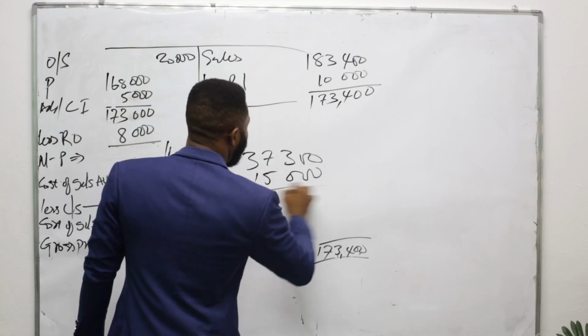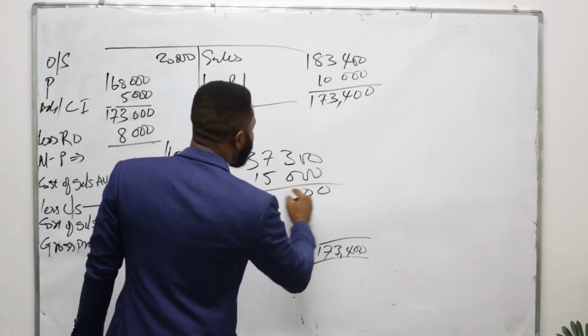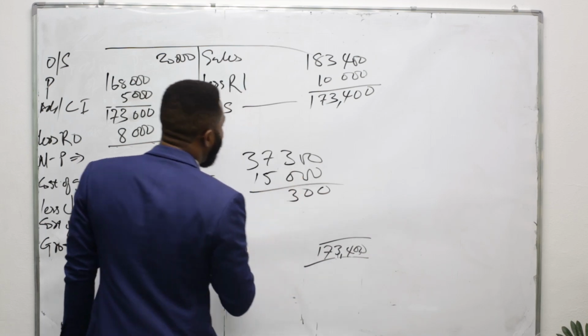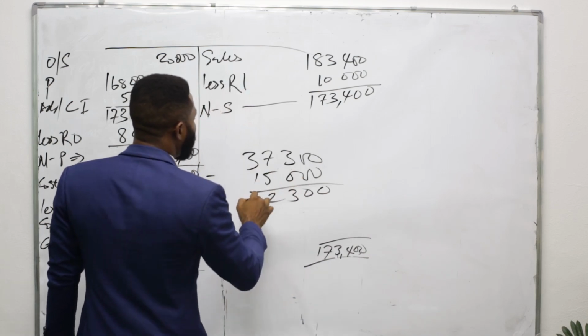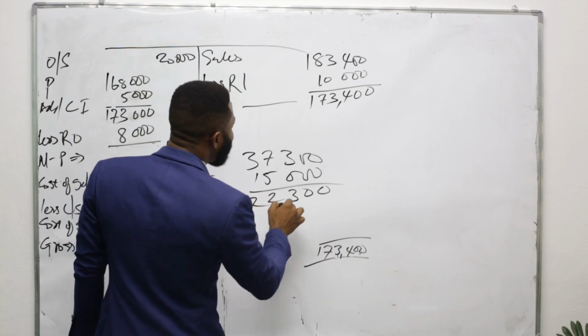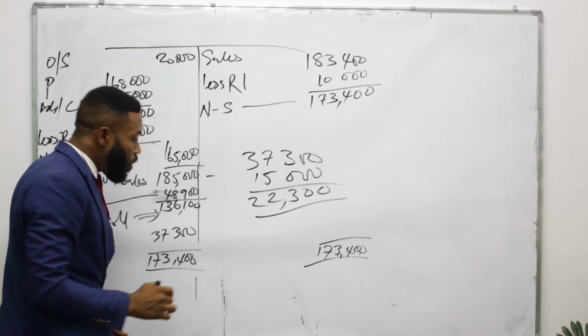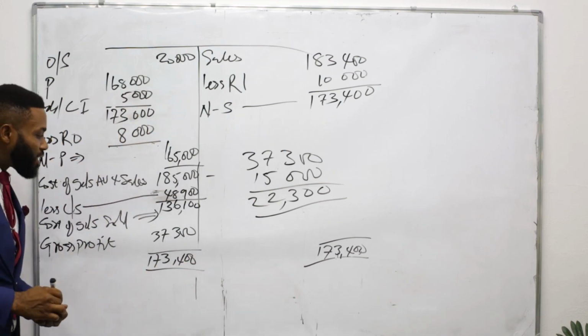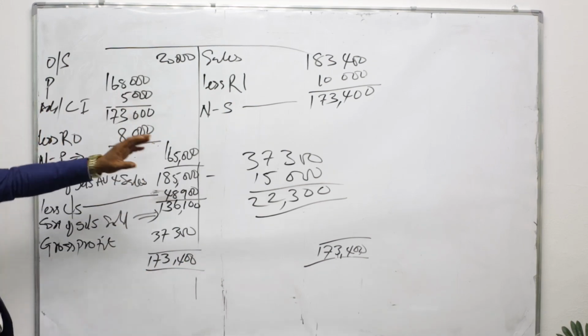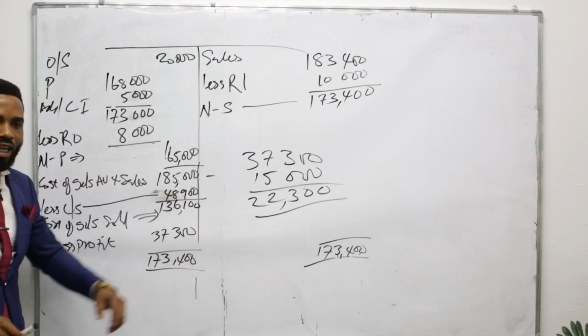15,000 from this is 0, 0. This is 3. And then this is 2. And then this is 2. Now the challenge we have with this question is that whenever the option is wrong for gross profit, it will affect net profit.